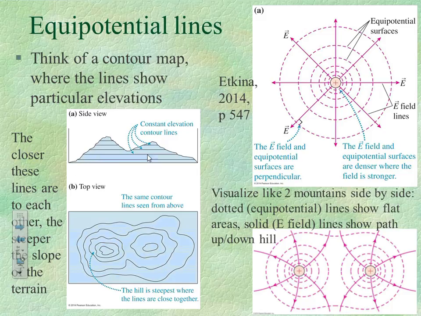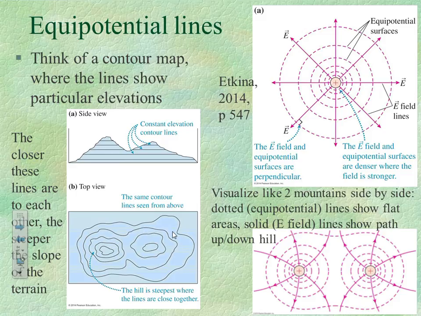This would be the side view. And these lines here are all the points along here at a particular elevation. So walking around at this particular elevation, that's like walking around on the second floor, or walking around on the third floor. Going to a different loop, that's when you're going to be doing work, positive or negative.